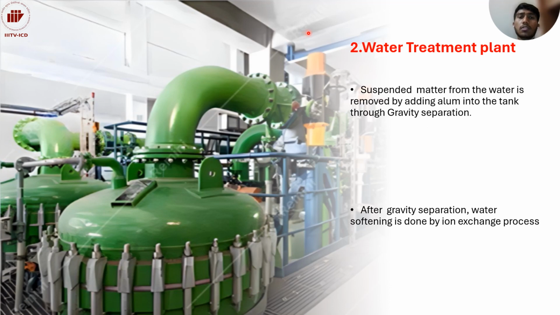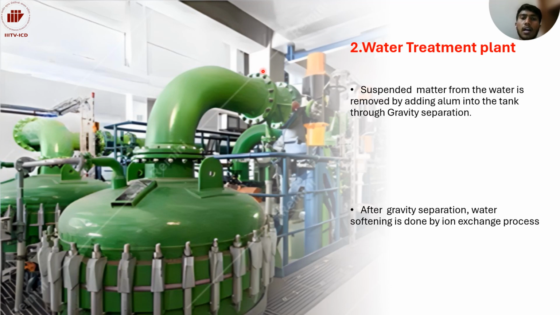And now the next one is the water treatment plant. Here we need a large quantity of water. By using the crushers, we crush the fuel and heat is generated. Using the heat, we convert this water into steam in the boiler.